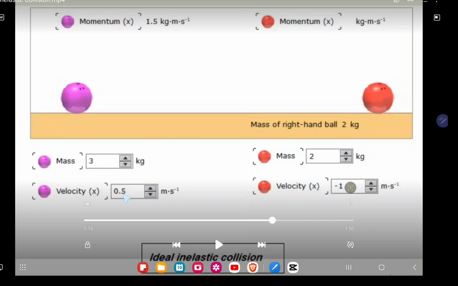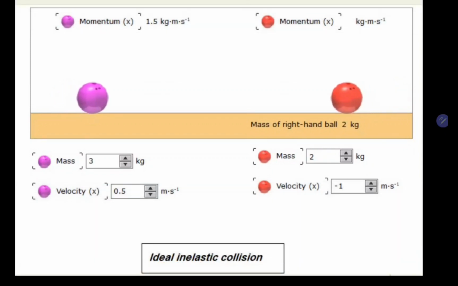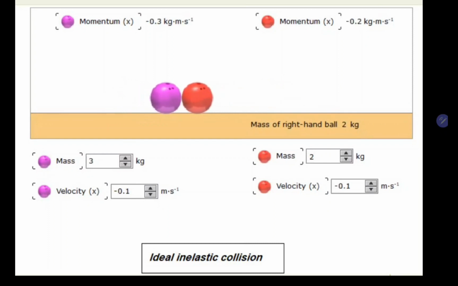So it's expected that after the collision, both balls will move with the one with the larger momentum, which in this case is this one here. Let's see. Now the orange one drags this one in this direction.